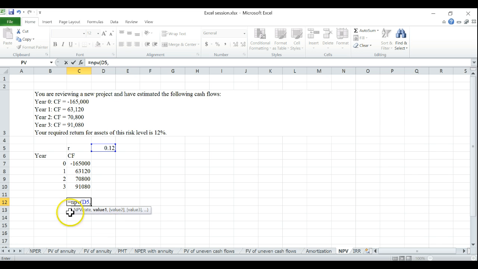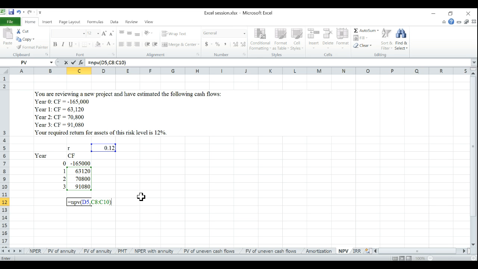So we just use the values of cash flow 1, 2, and 3, which are given in C8 to C10, in the parentheses. And then we should have subtracted $165,000 to get the net present value.